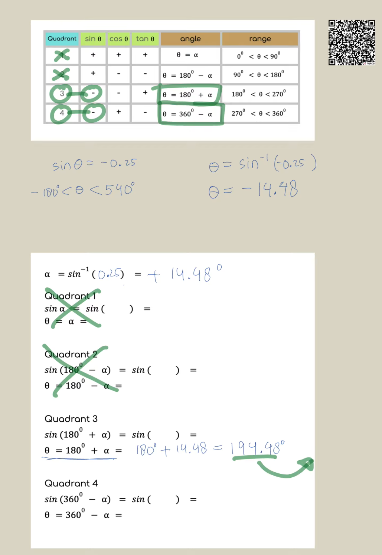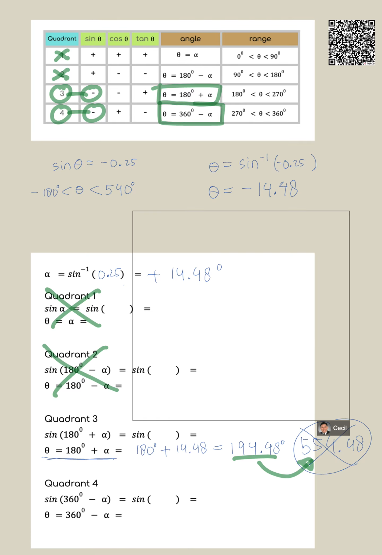Let's say we add 360. 194.48 plus 360. How much do you get? We get 554.48. Is that the answer? Definitely not. This is definitely wrong because it's not inside the range that they want. So 554.48 is the wrong answer.